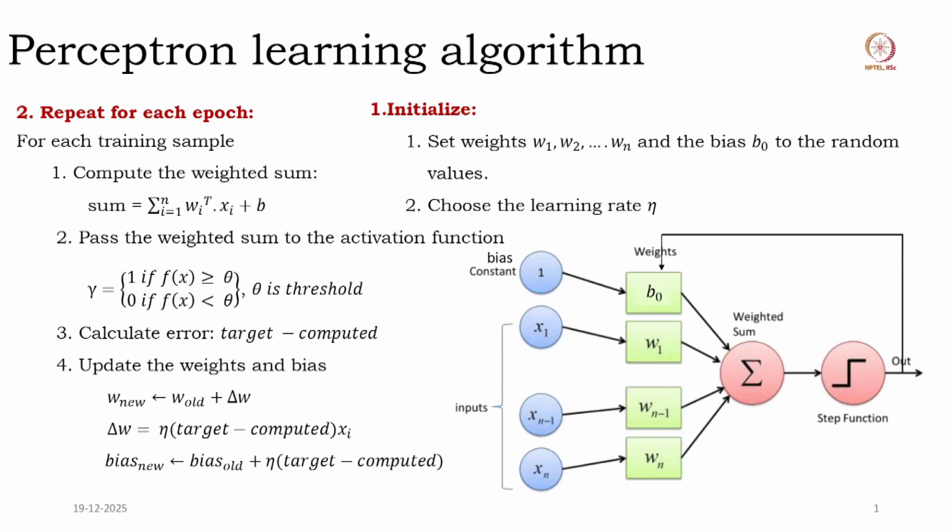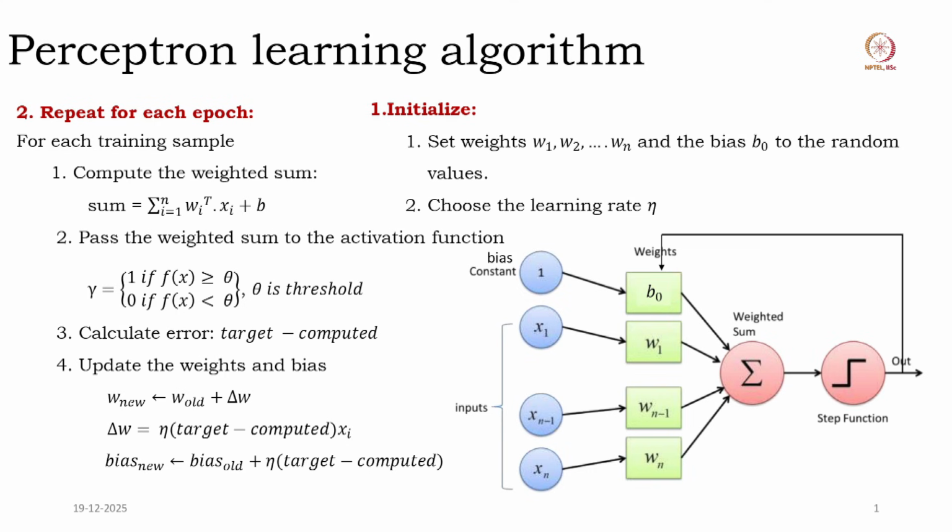Perceptron learning algorithm. Before we get into it, the very first step is that we require an input, which means we have x1, x2 and so on up to xn. Then we are going to assume certain weights for each of the inputs.